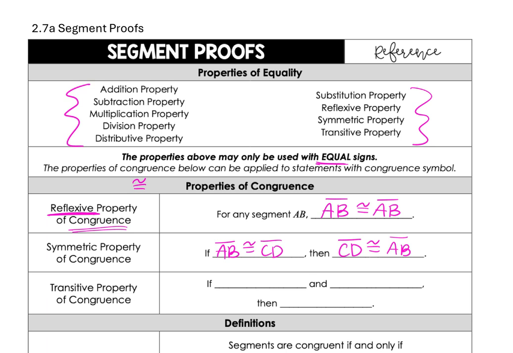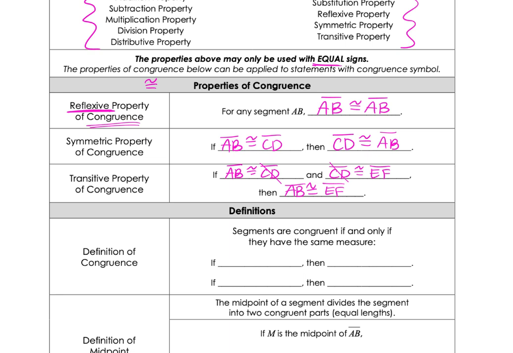And then the transitive property would say if AB is congruent to CD and CD is congruent to EF, then what? AB is congruent to EF, right? We take out the two in the middle that are the same, and what we're left with is this new congruent statement, okay? So those are the properties of congruence that are going to come into play.